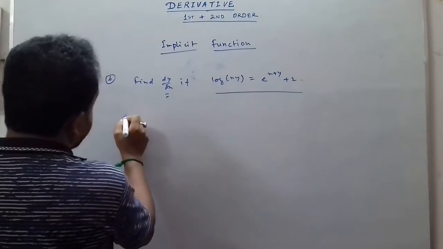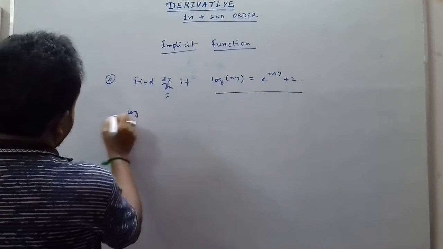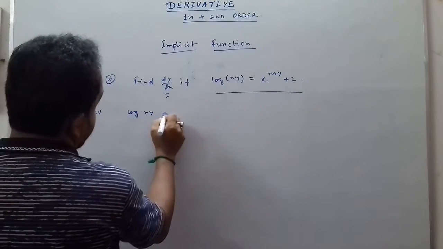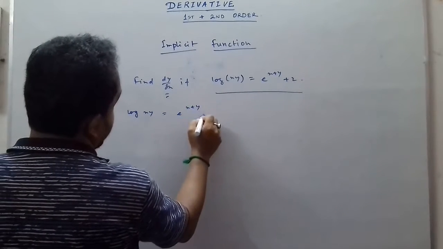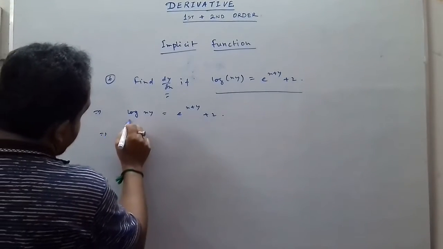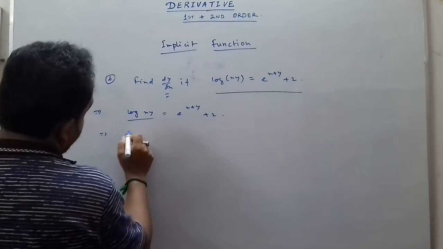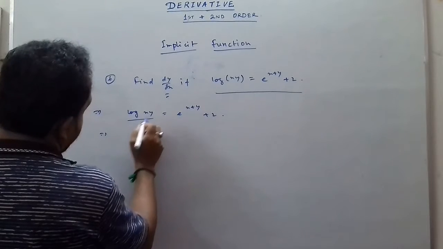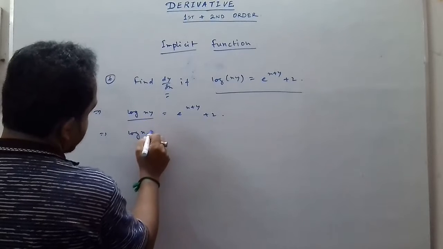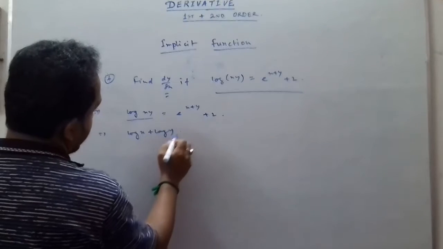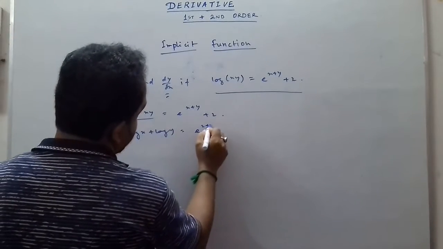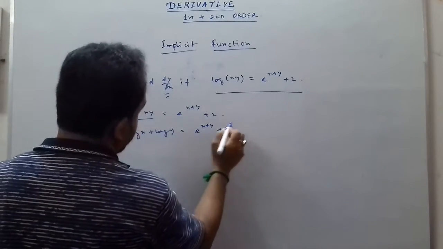Now we will differentiate. Given function is log of xy is equal to e power x plus y plus 2. So we can apply the formula of logarithm here. We know that log mn is equal to log m plus log n. So here log x plus log y, and e power x plus y plus 2.